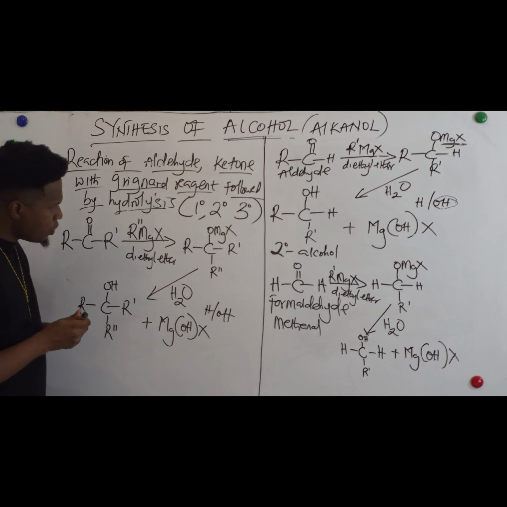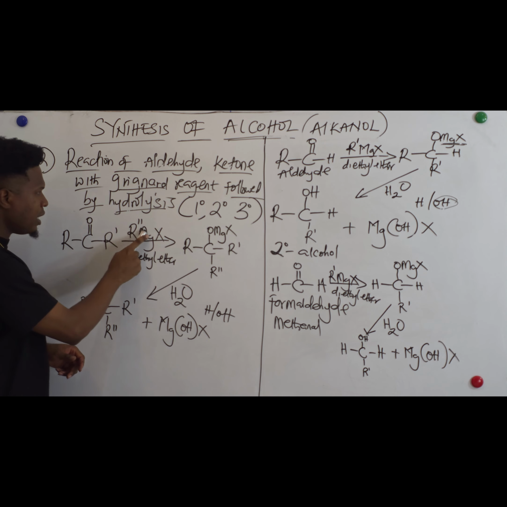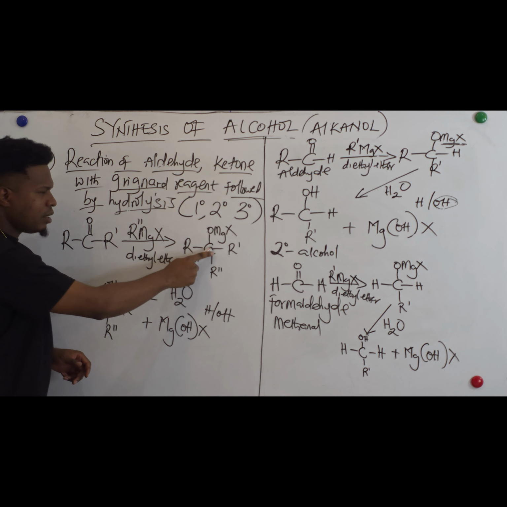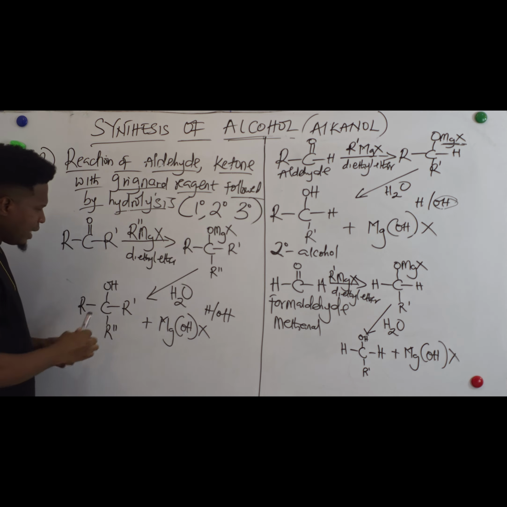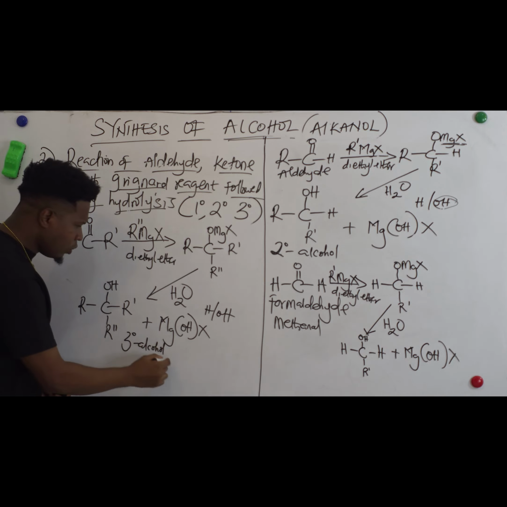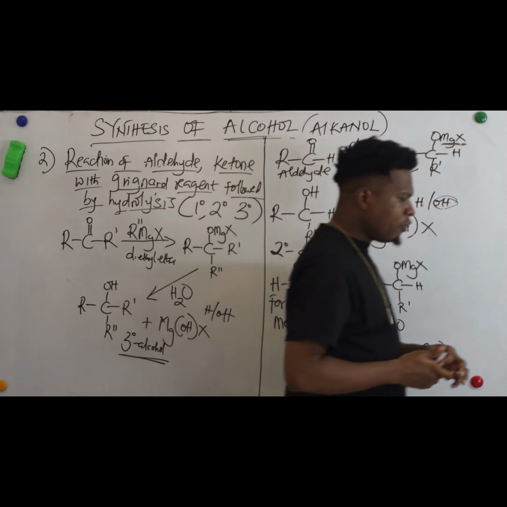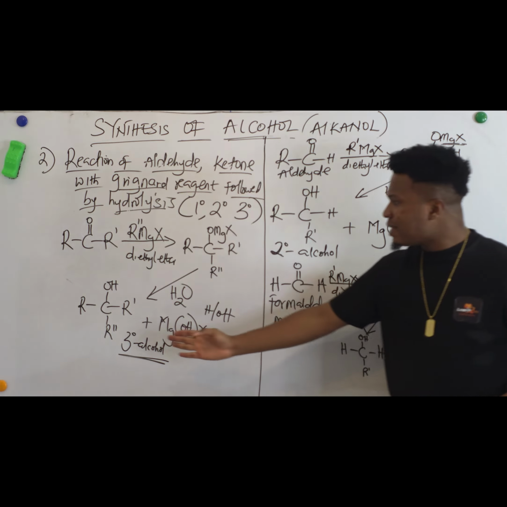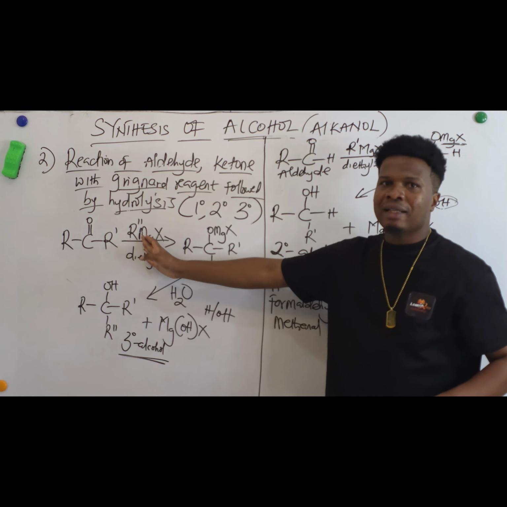So from this reaction, you will see that reacting this with Grignard gives you this. This is not the final answer. Then hydrolyzing it with water, you get a tertiary alcohol. So this is a 3-degree alcohol. So you can see that from this reaction, we can synthesize a 3-degree alcohol using a ketone reacting with a Grignard.